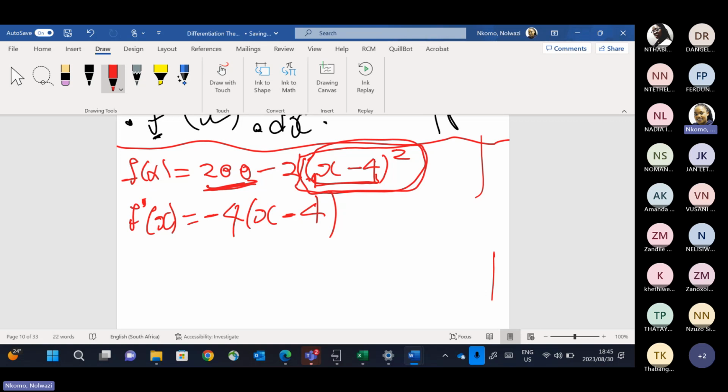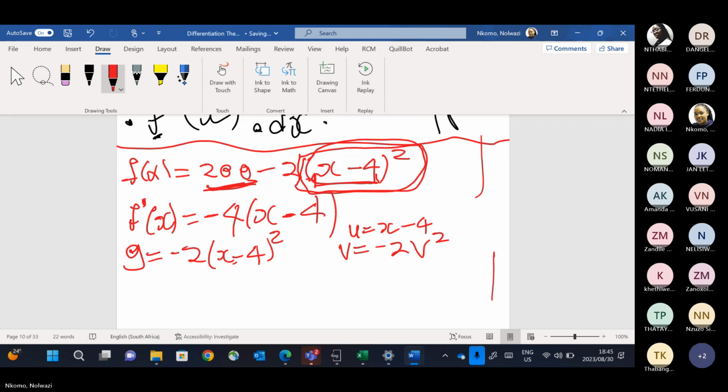So this means we have g of x equals minus 2 into (x minus 4) squared, right? If I let this be u, we have u equals x minus 4. I let v be minus 2 v squared, right?